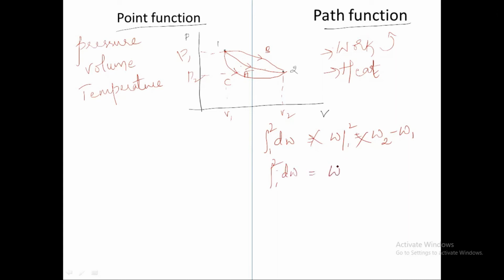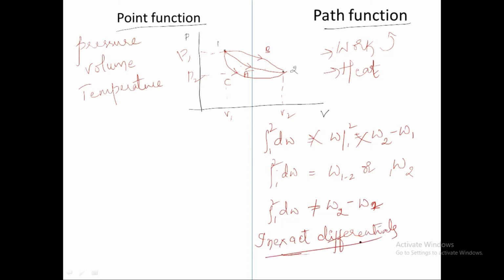It can be written simply as W1 to 2, which tells the amount or quantity, that is the area below the curve in a PV diagram, that is work done. Therefore, integral 1 to 2 dW is not equal to W2 minus W1. It is not equal. Therefore, it is called an inexact differential. Remember this, work is an inexact differential, and also a path function.